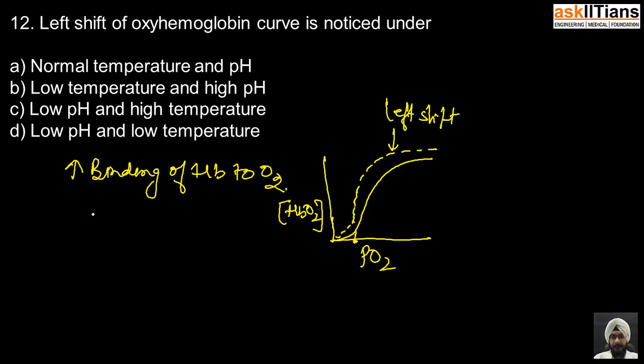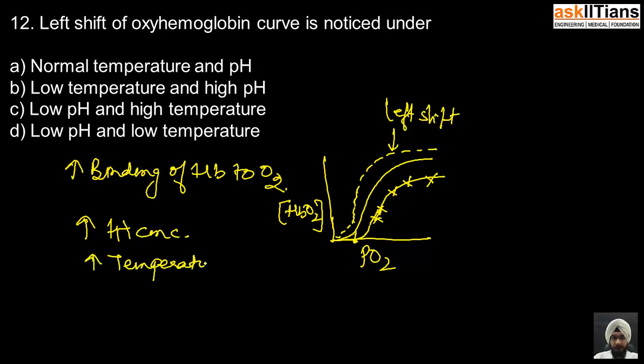So let's see what factors can lead to the right shift, which is this. The second line, which I am just crossing, is the right shift. The right shift is basically due to an increase in H+ concentration and an increase in temperature. Increased H+ concentration means there is decreased pH, and high temperature.